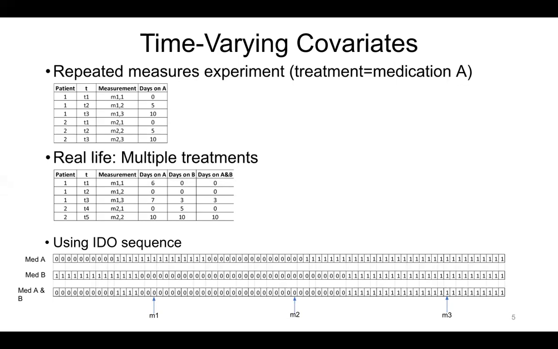Because the measurements are not taken according to a pre-specified schedule, deriving the time-varying covariate values involves complicated programming. This task, however, is made a lot easier using IDO because information on any given date can be obtained in a straightforward manner using the accompanying time and state functions.